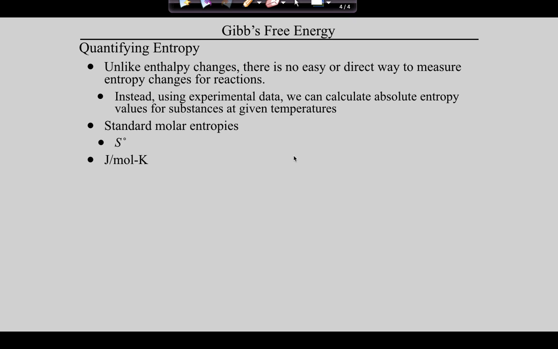And if that were to happen at absolute zero, what happens to entropy? It becomes zero. But doesn't that make sense? Because entropy is a measure of disorder. And if something is at absolute zero, it is completely still and it is completely organized, and entropy becomes zero.